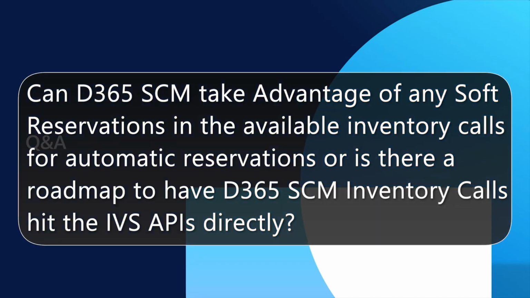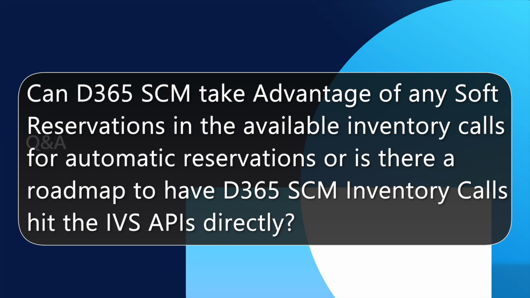The next question is, can D365 SCM take advantage of any soft reservation in the available inventory calls for the automatic reservation, or is there a roadmap to have D365 SCM inventory calls hit the IVS APIs directly? I think we have already discussed this. This is a similar scenario.